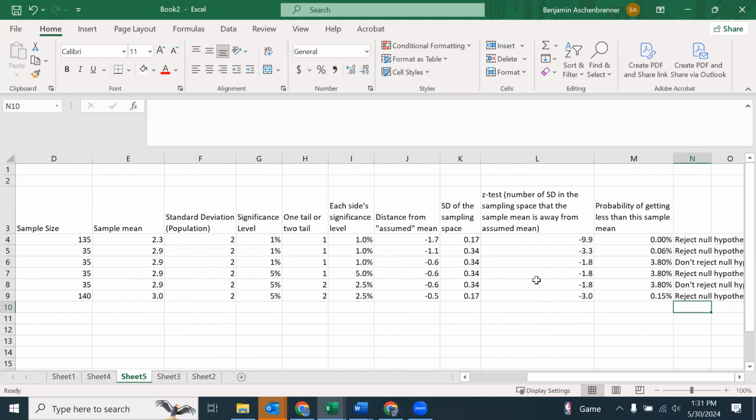So interestingly, even though in this study we got the result of 3, which is not as far away as the 2.9, because of the larger sample, we actually end up being able to reject the null hypothesis because we have a stronger sampling space that's got a tighter center, and therefore getting a 3 was weirder than getting a 2.9 in this situation.